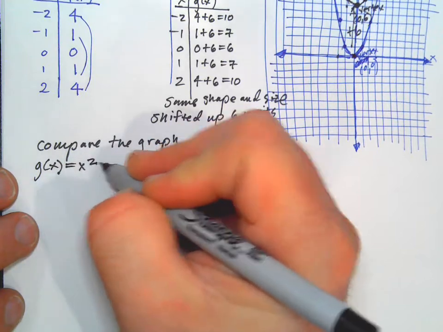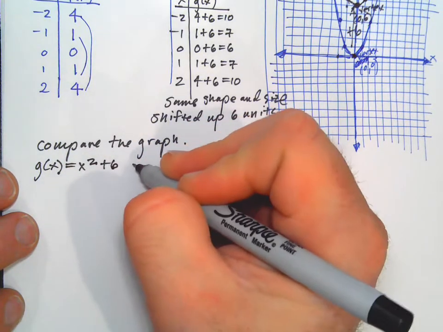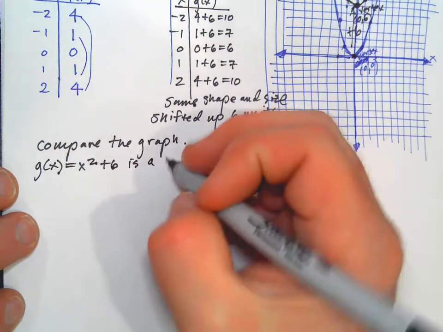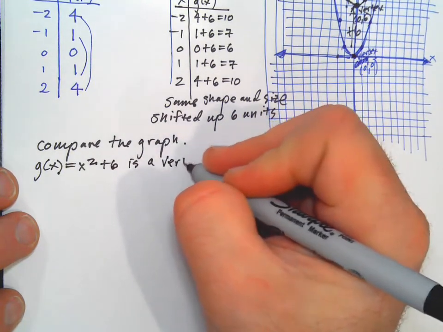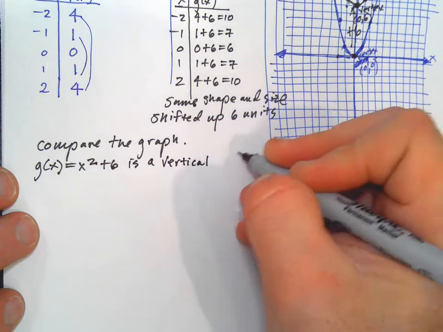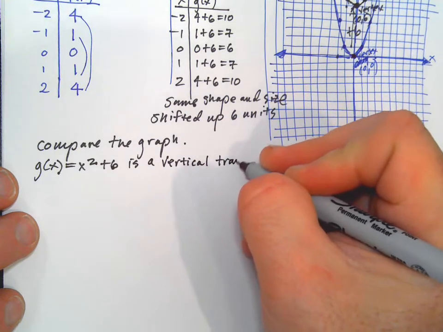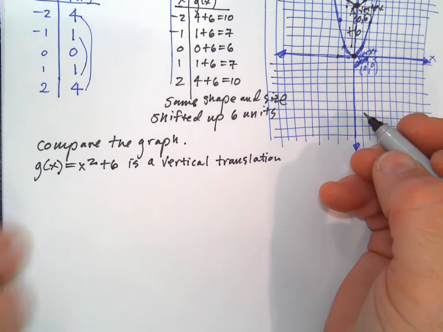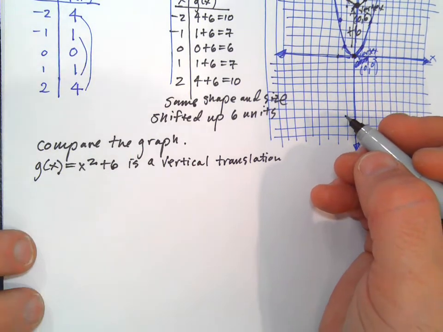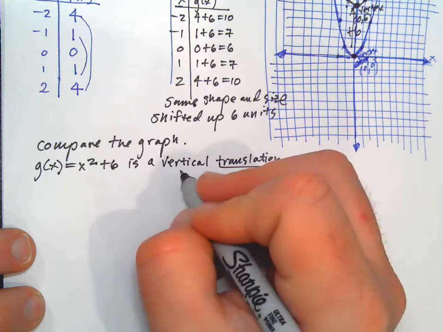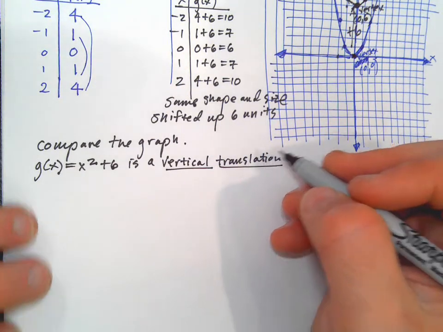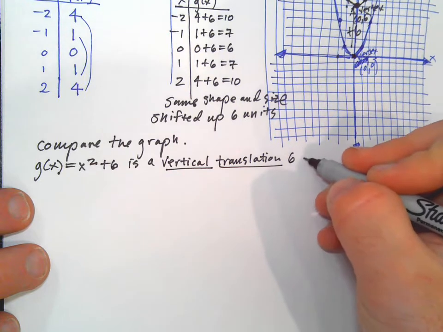So g equals x squared plus 6 is when you move something up or down. Up or down is vertical. That's a fancy word for up or down. Vertical translation. Instead of saying shift or move, we say translation. That's a fancy word for moving the graph up and down or sliding it up and down. Okay. And then we'd say 6 units.